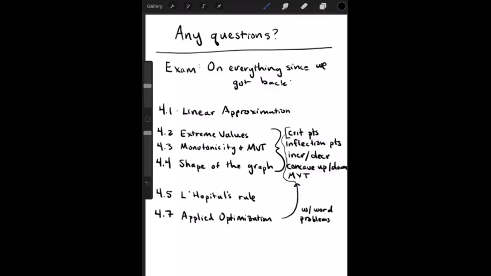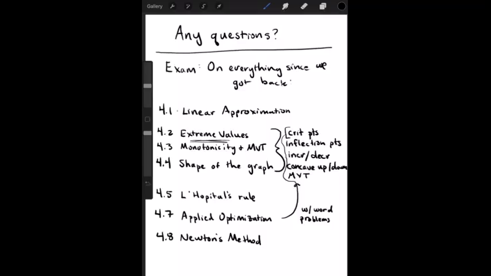Basically those extreme values that we talked about before, but doing it with word problems. And then lastly, we had Newton's method, which, like L'Hopital's rule, is just all the section was about.